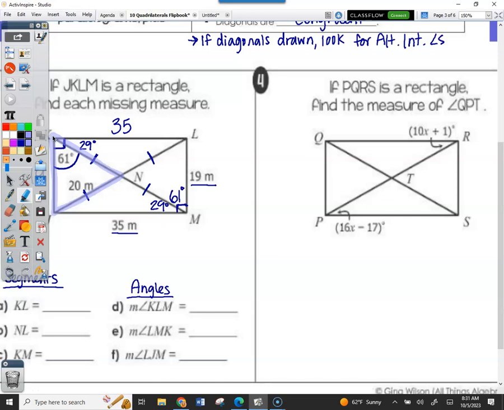Do you remember what we said about triangles and congruent sides? Just try. Help me out. Come at me with what's in your head. Do you remember what we've said about triangles and the number of congruent sides?